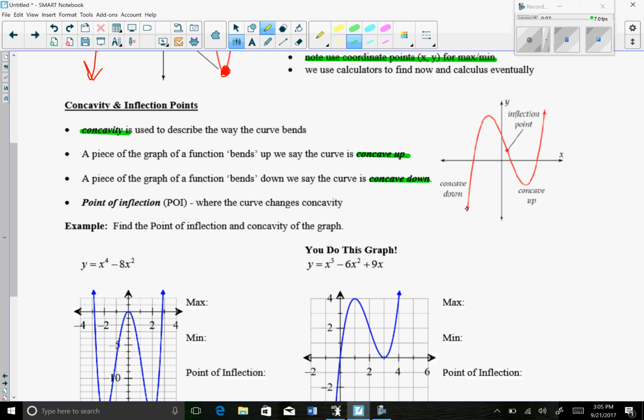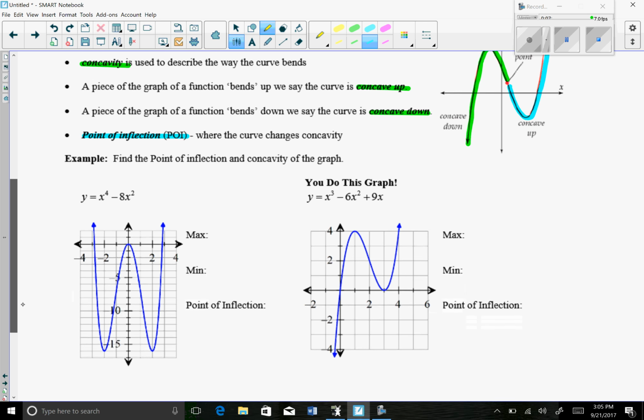So if you look at this graph over here, you can see that this part of the graph is curving down, so that would be concave down. And if we look at the other side, you can see that it's concave up, so we would say that portion, again, is concave up. And the place where the concavity changes is called the point of inflection. And so that's something that we're going to have to be able to find on our graph when we analyze these.